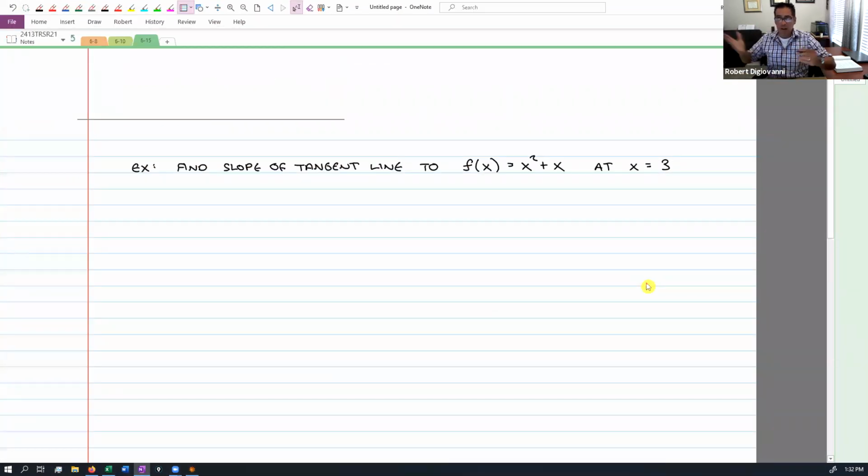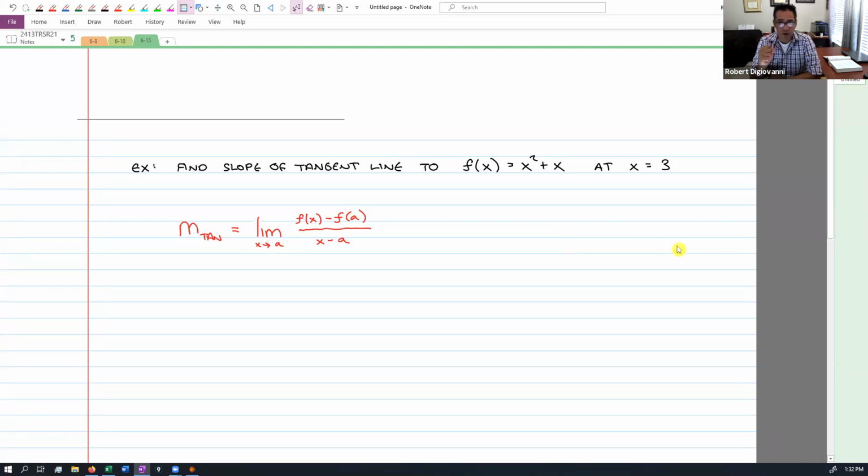All right, so how do we do it? The slope of the tangent line, by definition, the way I just defined it, is the limit as x approaches a of f of x minus f of a over x minus a. Now, in this particular problem, what is a?